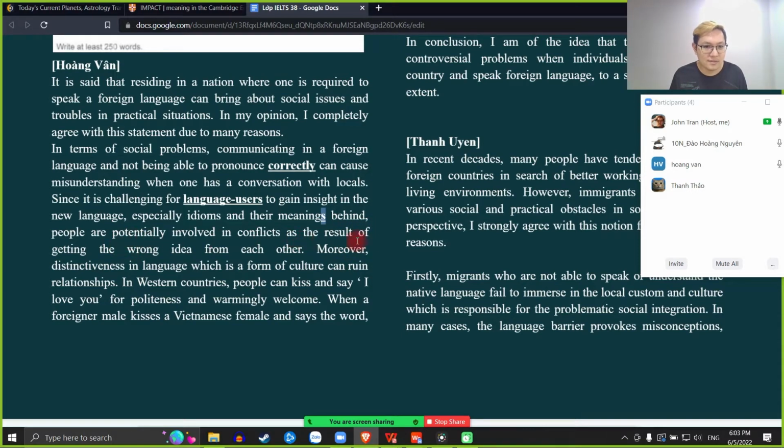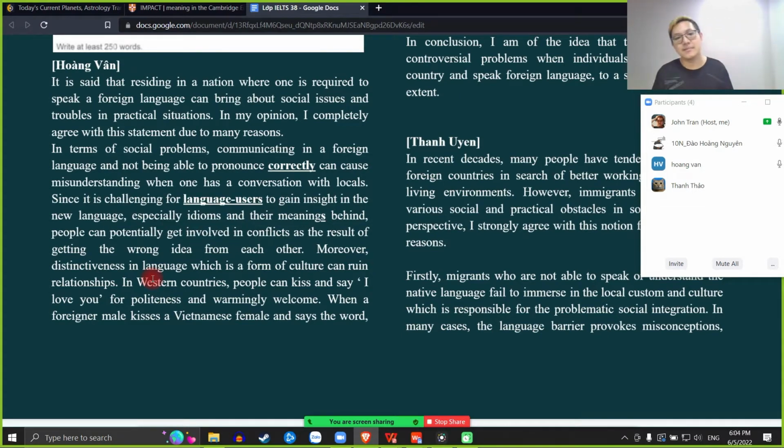People can potentially get involved in conflicts. To get involved in something, okay? So people can potentially get involved in conflicts.